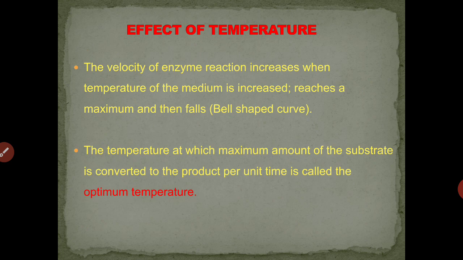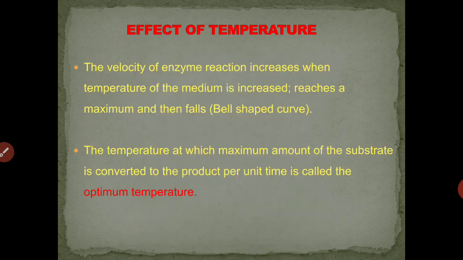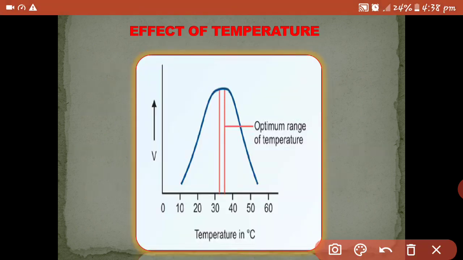The temperature at which the maximum amount of substrate is converted to product per unit time is called the optimum temperature of that particular enzyme. All enzymes have their own optimum temperature. Here you can see the bell shaped curve when you are plotting the reaction versus temperature.